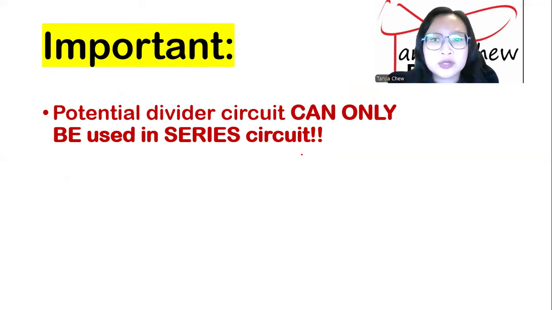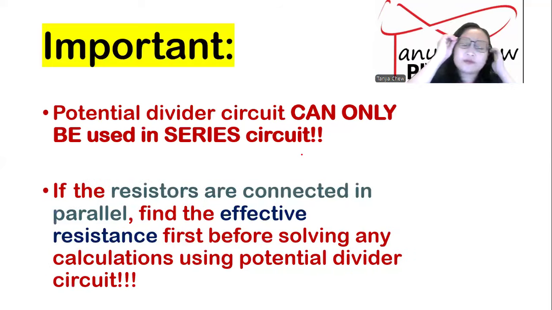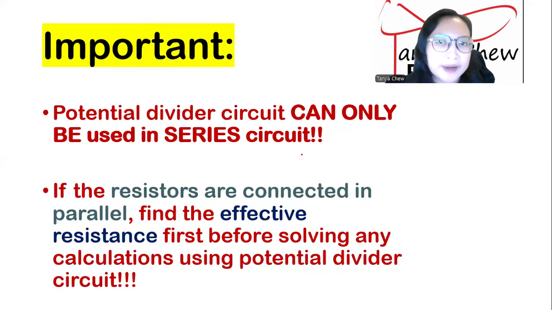Yes, you still can use the concept of potential divider, but how? First, if the resistors are connected in parallel, all you need to do is solve for the effective resistance of the parallel circuit first and reconstruct a simpler circuit diagram to become a series diagram. Then you can use your potential divider concept.